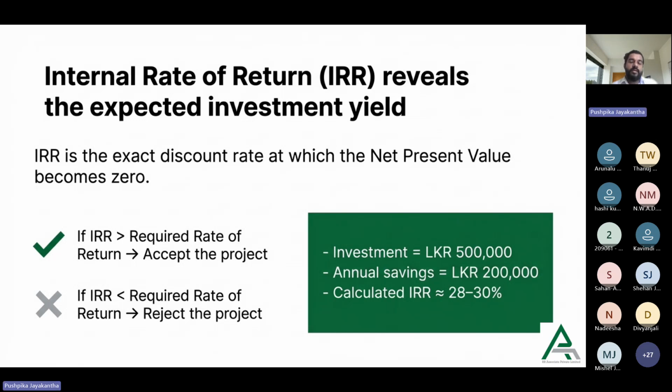If the internal rate of return is higher than the company's required return, then the project is considered financially attractive. Okay, so when calculating this one here, the investment is 500,000, annual saving 200,000, and the calculated internal rate of return is 28 to 30%. And if the company's required rate is 12%, then we can consider this a financially beneficial project.